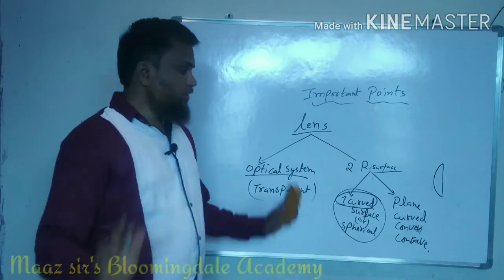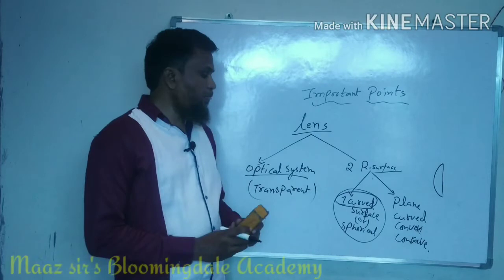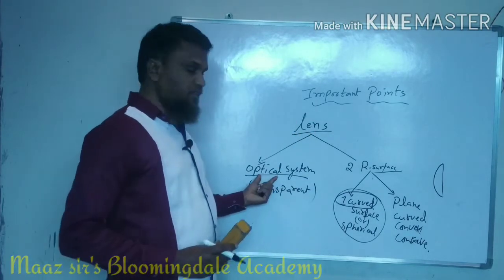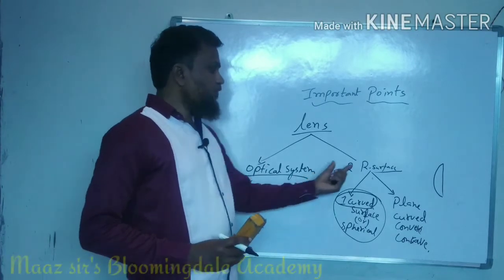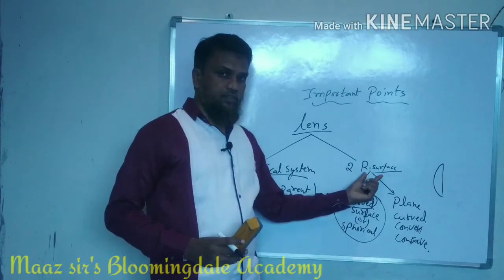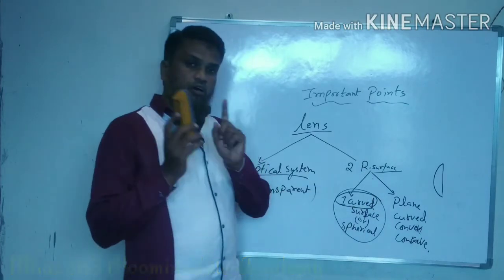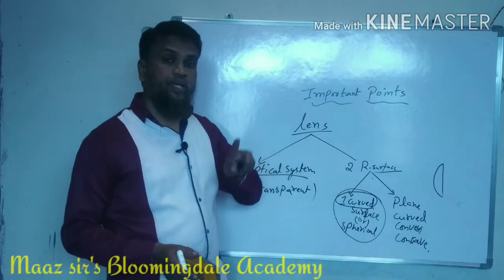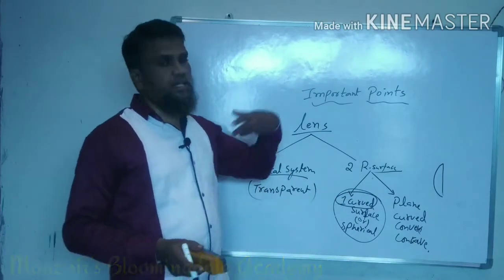Is it clear? So the important point is that a lens is an optical system. Optical system means it is transparent and it should have two refracting surfaces. Out of these two refracting surfaces, one surface should always be curved. The other can be anything.